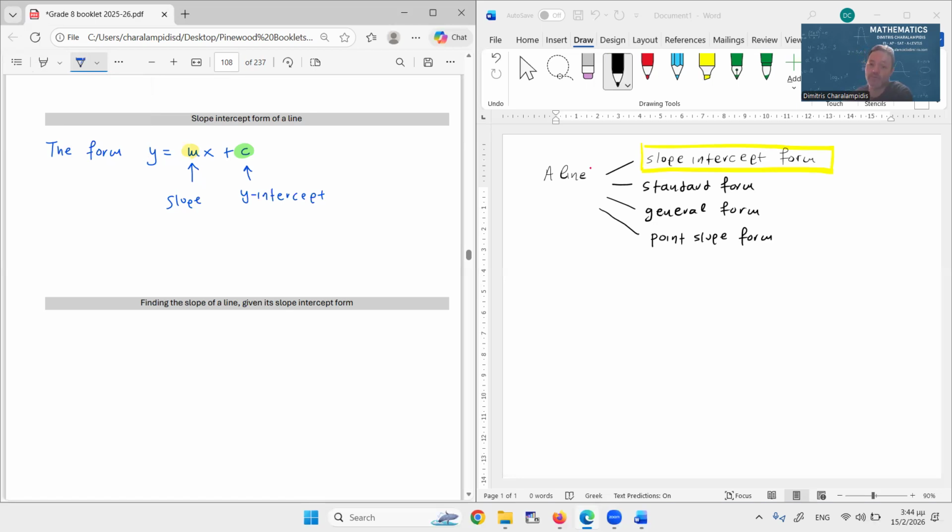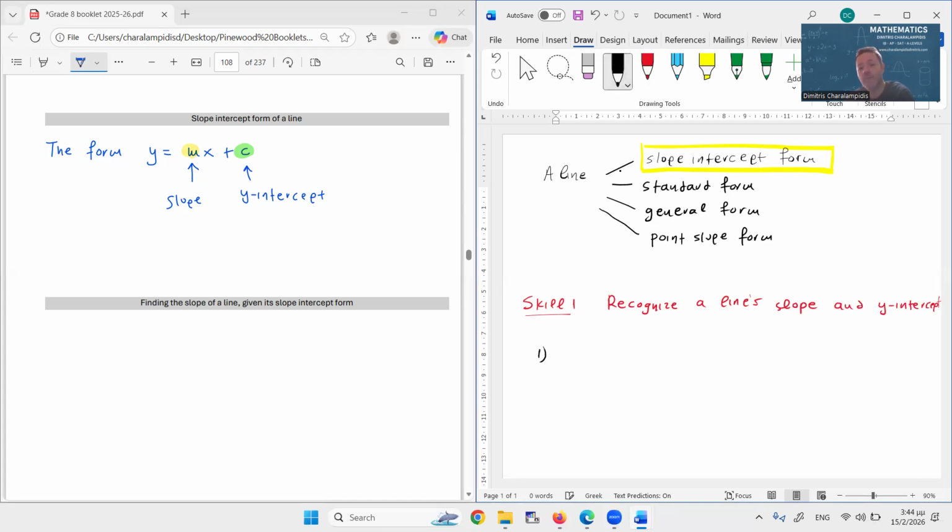So far we have this first skill. Skill number one: make sure that you are able to recognize a line's slope and y-intercept. Let's see some examples.